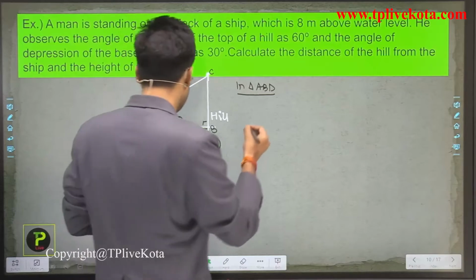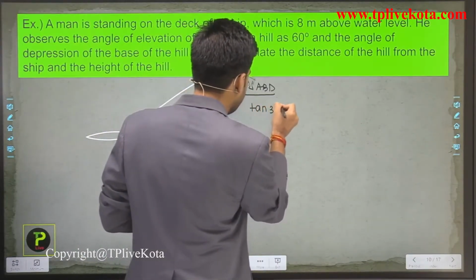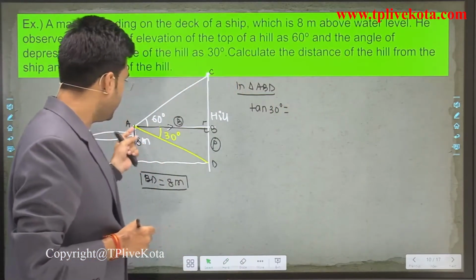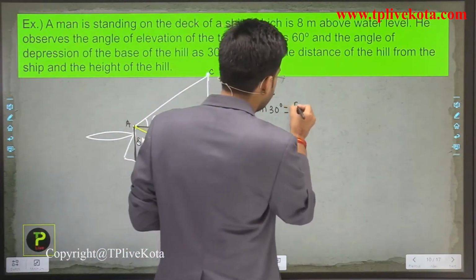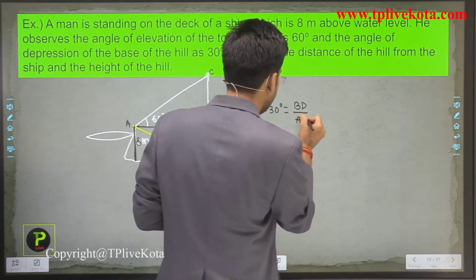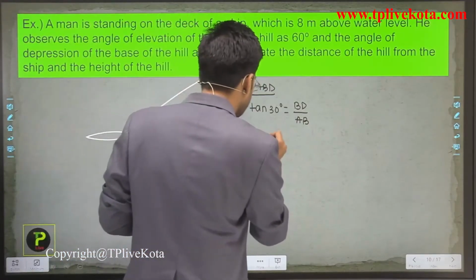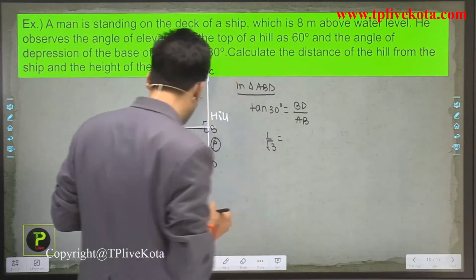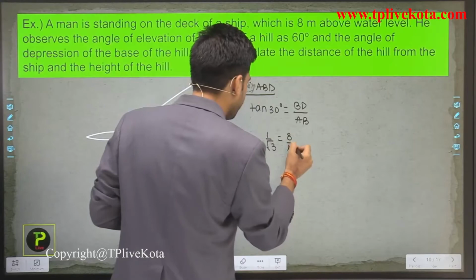So we use tan 30. Tan 30 is equal to perpendicular divided by base, that is BD divided by AB. Now tan 30 is 1 upon root 3 and we have the value of BD, which is 8, and we require AB.